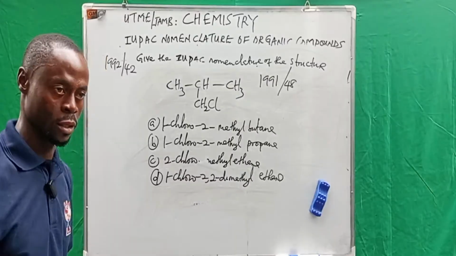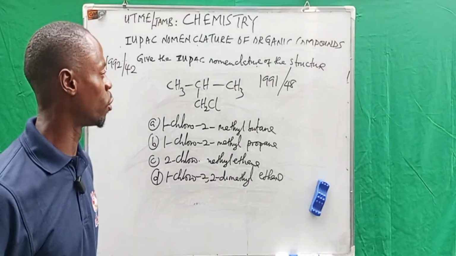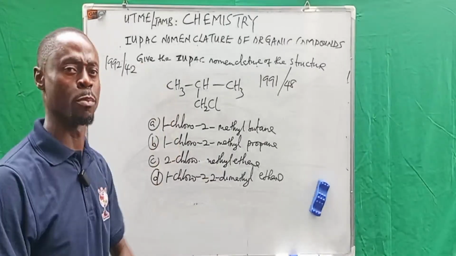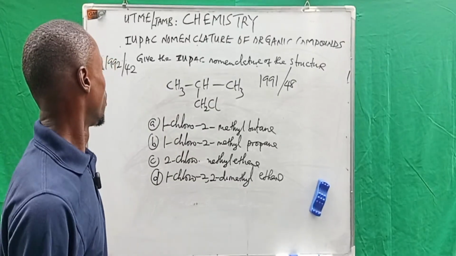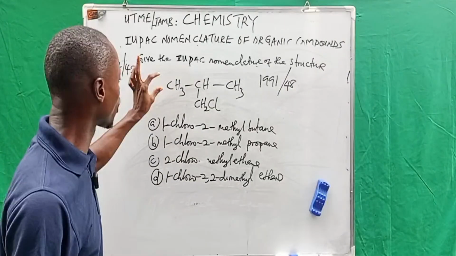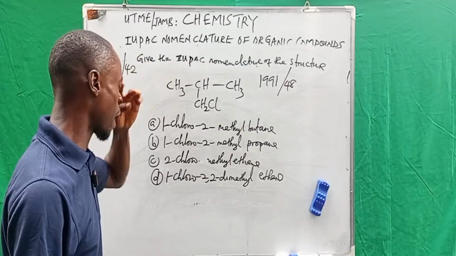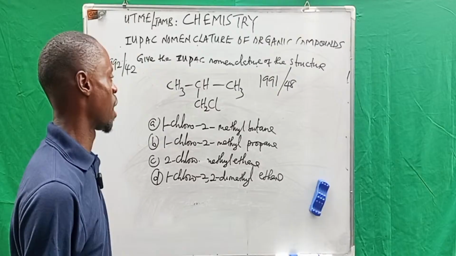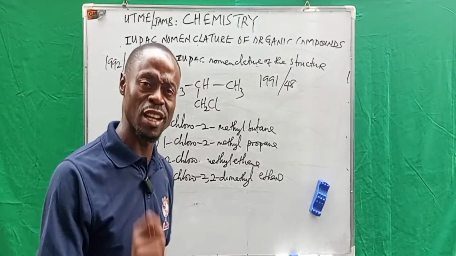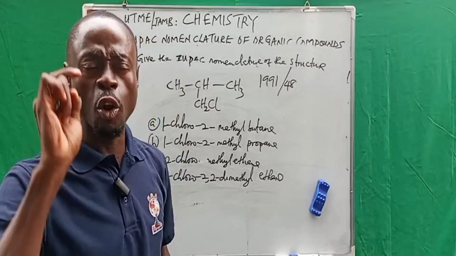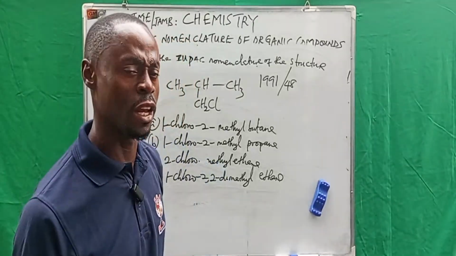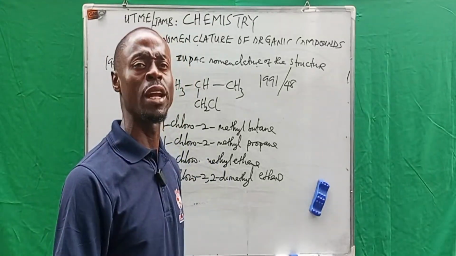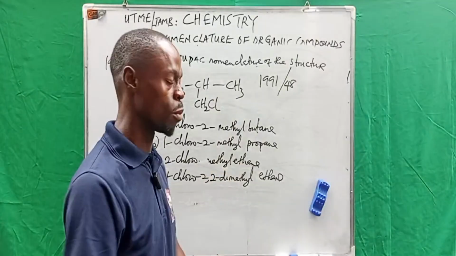All right. We have another question on the board. This one is quite very simple to answer. We have the correct IUPAC nomenclature of the organic structure as we have it on the board. The first thing, like I said, locate the longest carbon containing chain, which is our root carbon that will bear the parent name of that particular homologous family.